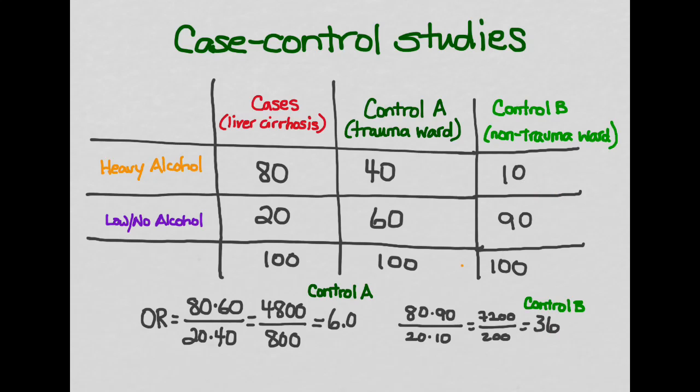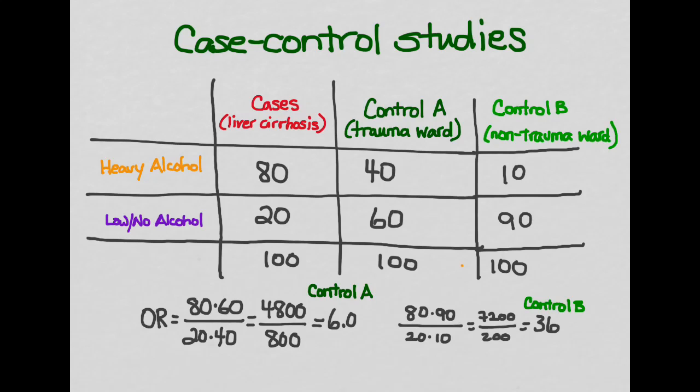What this shows is that the first group underestimated the odds ratio because the control group had a higher, let's say, incidence or prevalence of the exposure than did the general population. Because of that, it underestimated the extent to which the exposure was related to the cases.